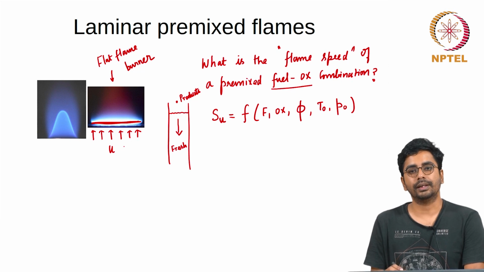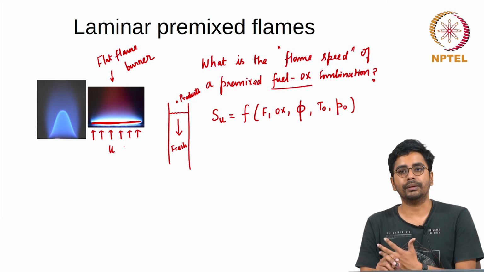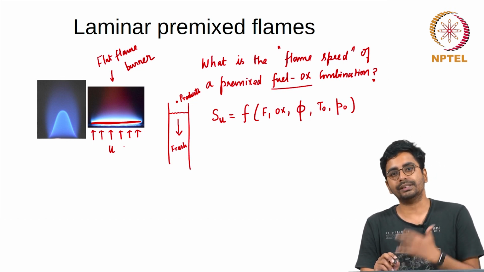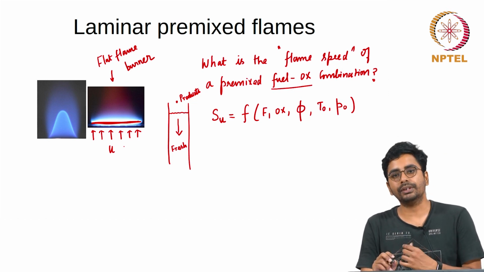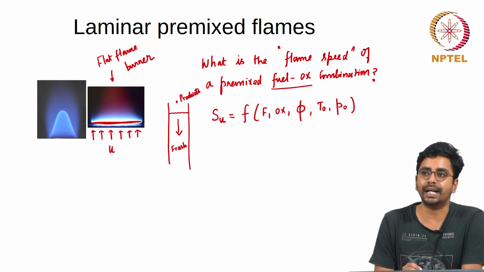Remember that flame velocity is the speed with which the flame propagates into a stationary unburnt mixture, but in a frame of reference in which the flame is fixed, the flame is stationary, the unburnt mixture will move towards the flame at the flame speed, and such a flame is what is created in a flat flame burner.